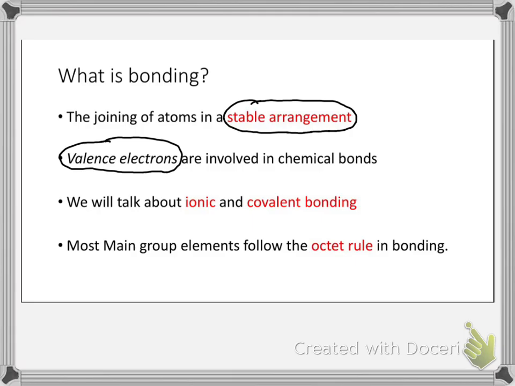We call them ionic and molecular. And these categories of compounds come from the type of bonding that are inside of them. So you can see we have ionic and covalent bonding. And covalent bonding is what holds together the molecular compounds.